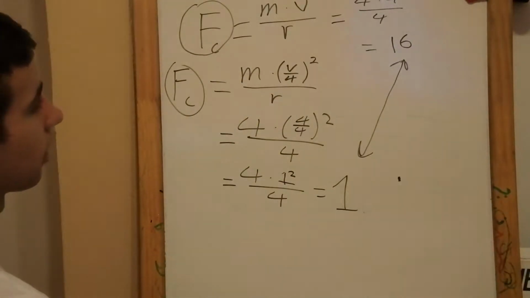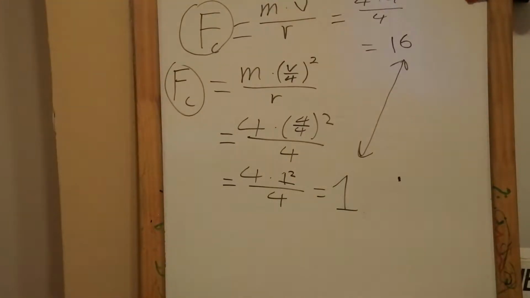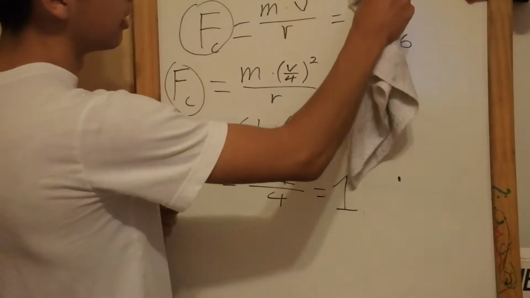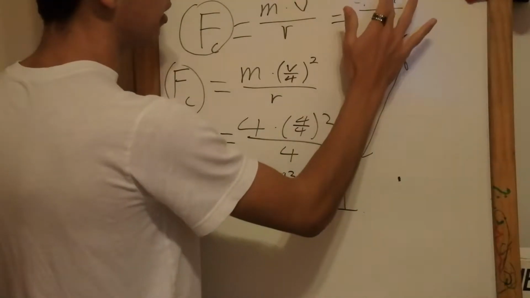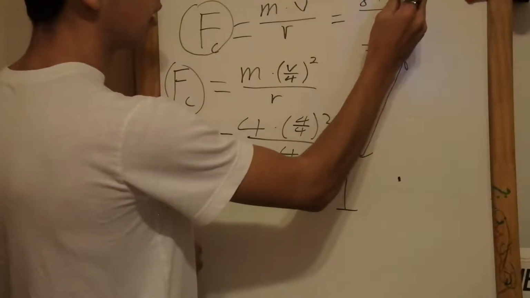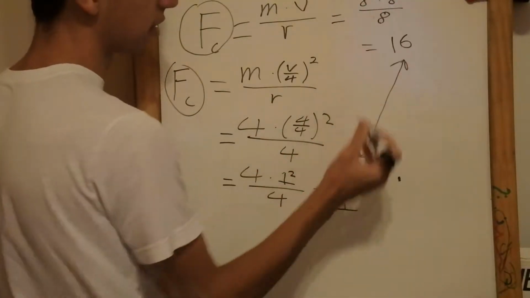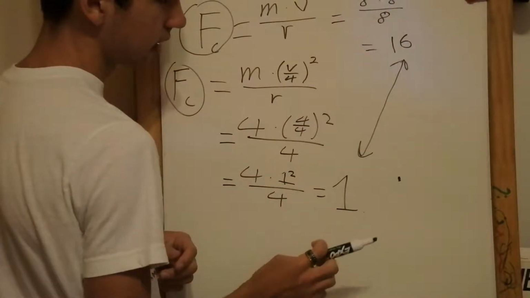So let's say instead of 4, I used a bigger number. Let's say I made it 8. I can use my hand here. So we have 8, 8, and 8. Keep them all the same. 8 squared is 64 times 8.